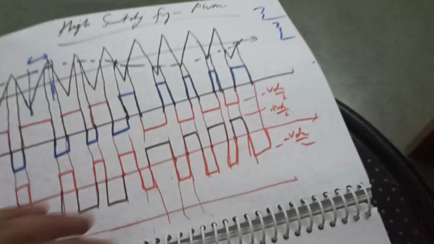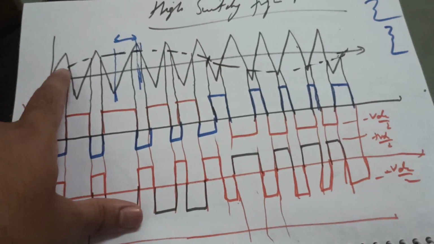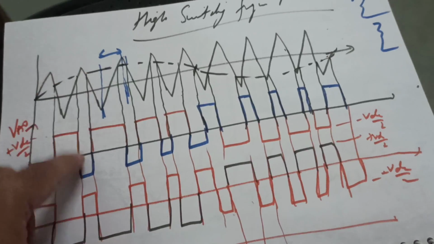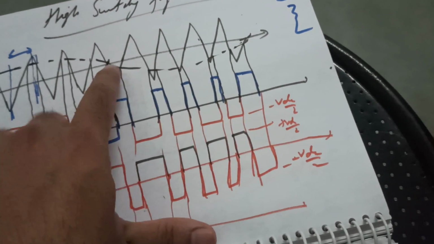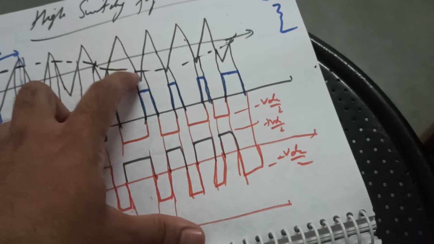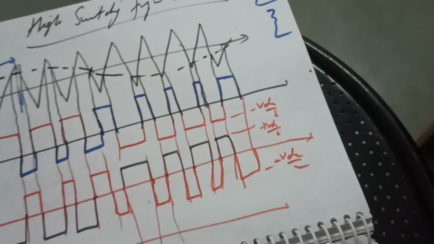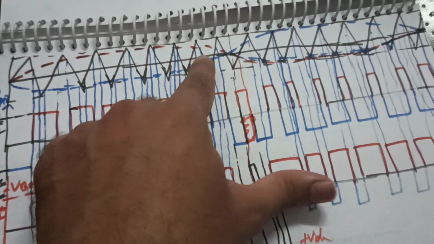For the high frequency PWM, it is very easy. Just look at the mod. This is greater than this, positive, negative, S1, S2. In the negative part, again this mod is greater than this. When it is greater, in the negative pulse it is firing. So you can see that here also, in the negative pulse.